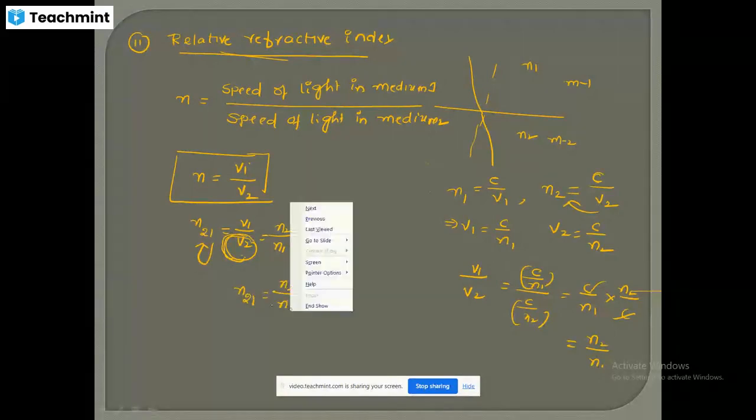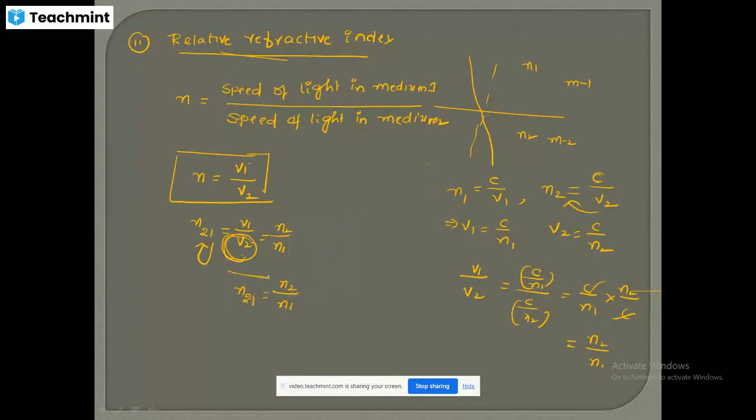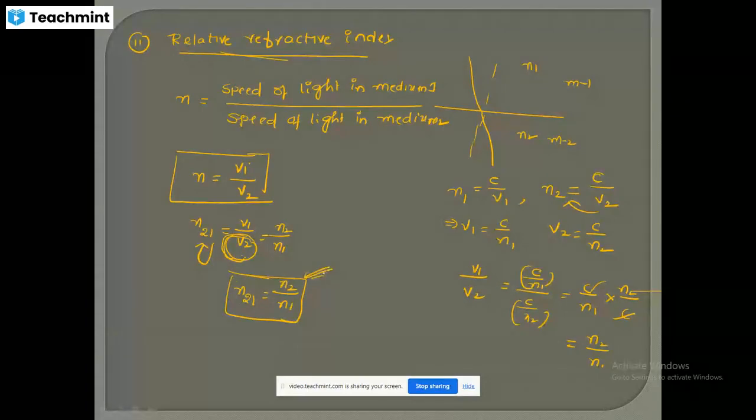This is the formula, and these problems are very important while doing problems. This is about the relative refractive index and the absolute refractive index.